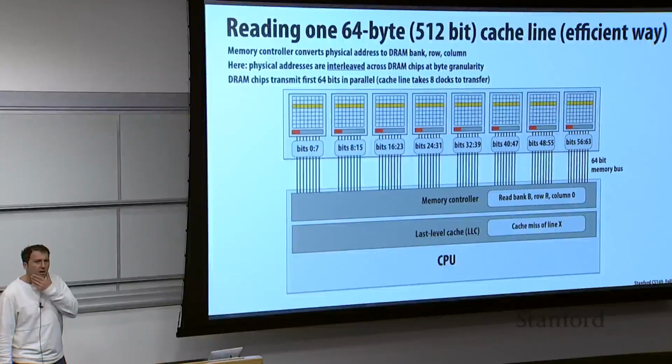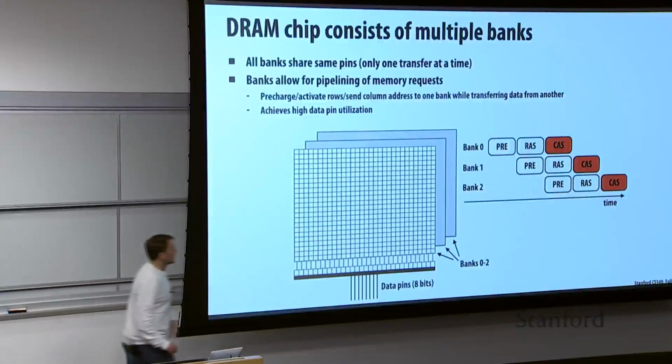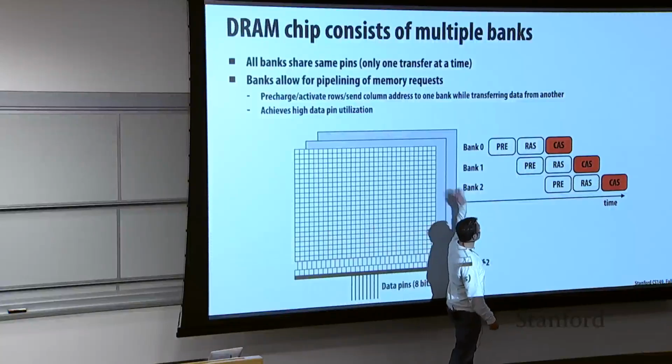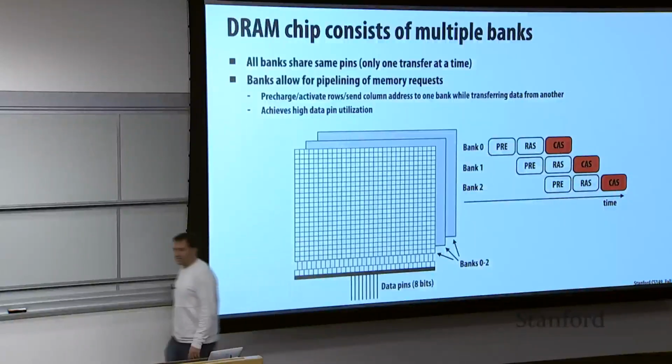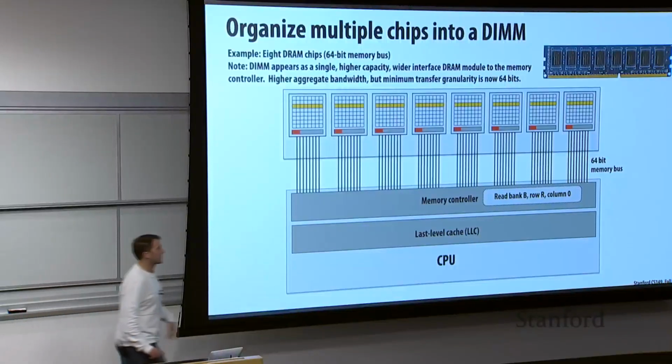So does the memory controller, when it makes that request, does each DRAM module know to start recharging the next bank? No. Think about it this way: in every clock, the memory controller is sending this command.